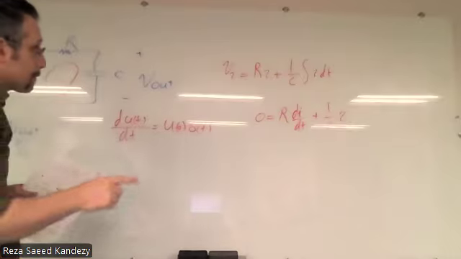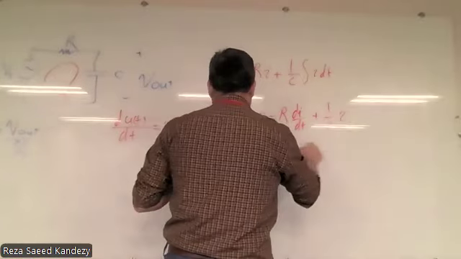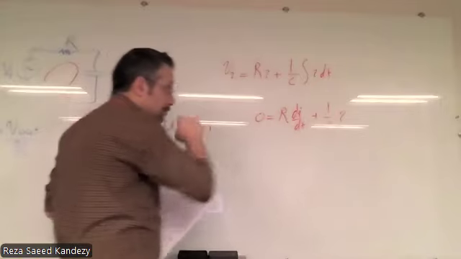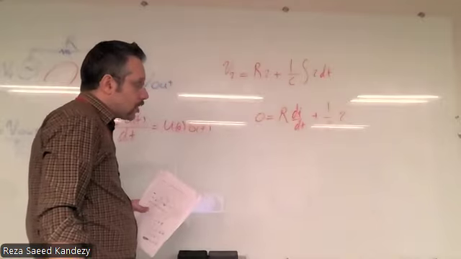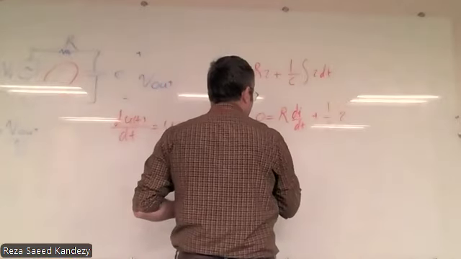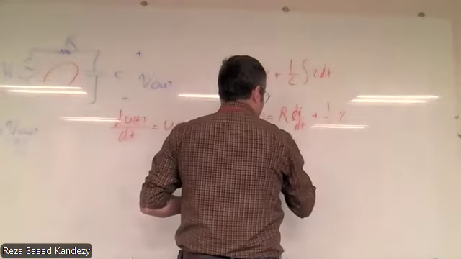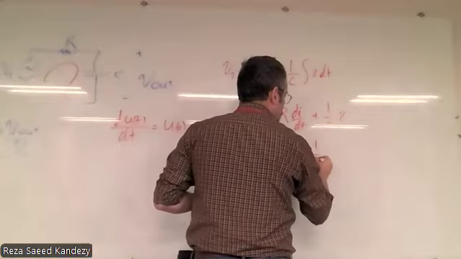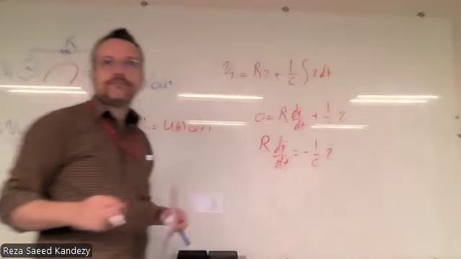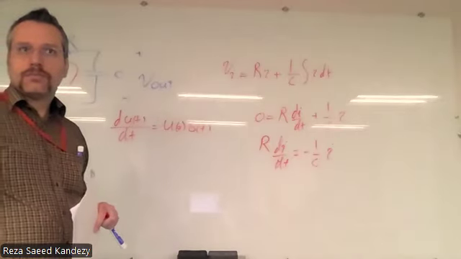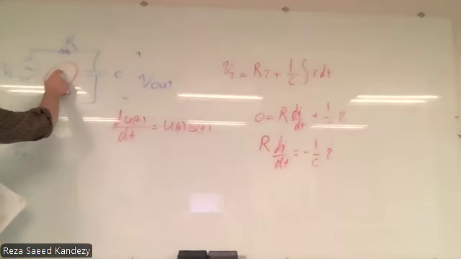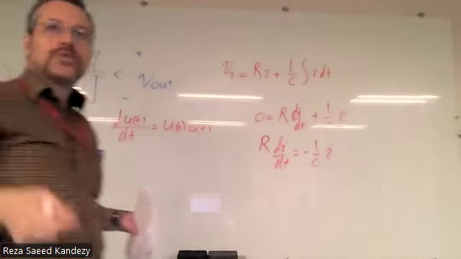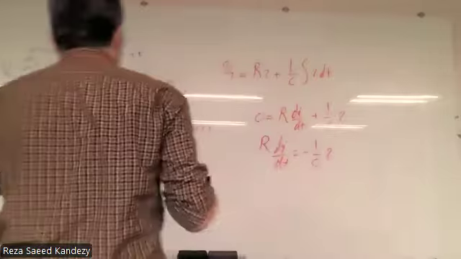In that equation, you can easily find that R di over dt is going to be equal to minus 1 over C times the current. Very good. But what is the current? Since this is a simple one loop circuit and the elements are in series, they share the current.